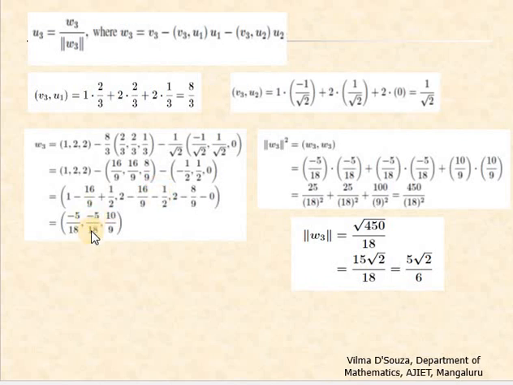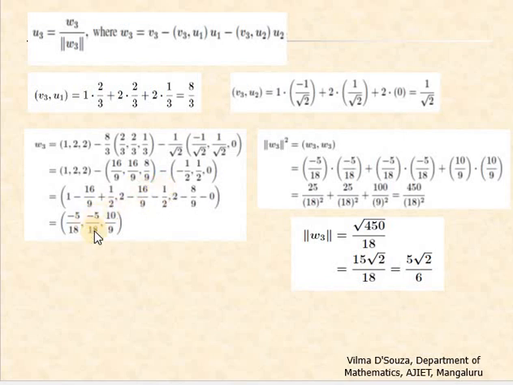So minus 5 by 18. Okay, you are taking the common denominator as 18 here. So the first term is 2 into 18, that is 36, minus the second term 32. So 36 minus 32 is 4, minus the third term 9. So 4 minus 9 is minus 5.